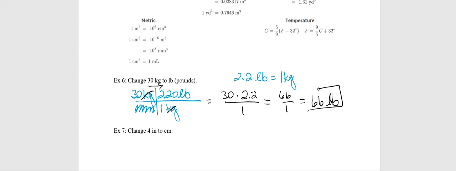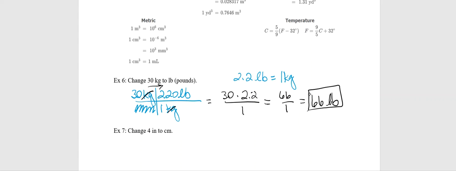Remember that we do that so that our kilograms can cancel out, leaving us in the unit we're trying to go to, which is pounds in this case. We do top times top, 30 times 2.2. We only have the number 1 in the denominator. 30 times 2.2 is 66 over 1, so it's 66 pounds.